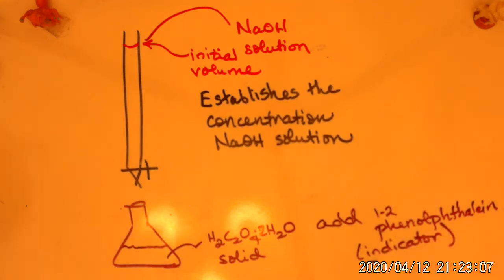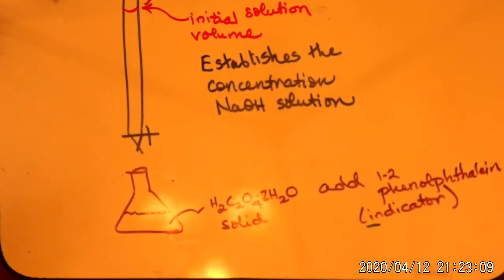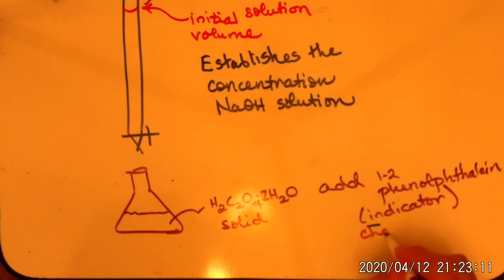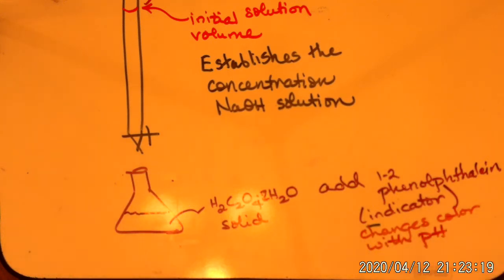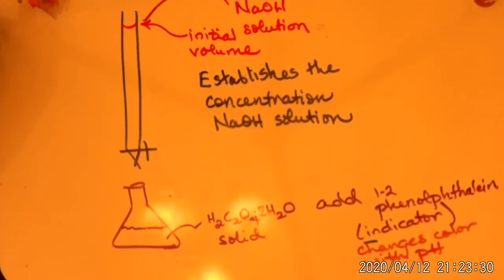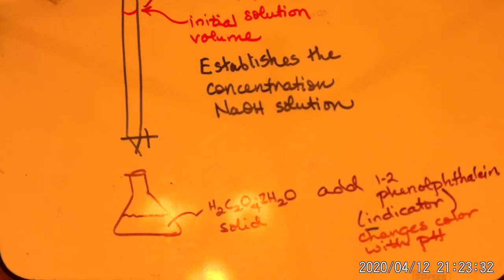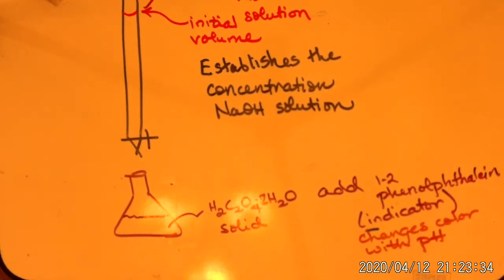Okay, so I'm going to just scoot my camera down. So this changes color with pH changes. Okay, so for phenolphthalein, we can choose our indicator, and in this case, we want the color change to occur close to neutralization when it's pH 7.